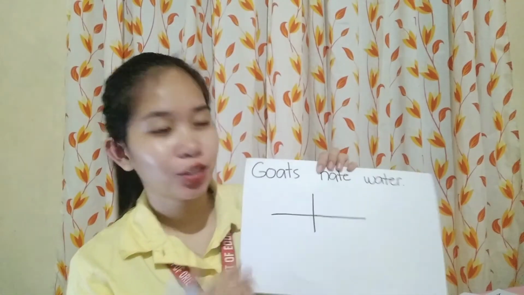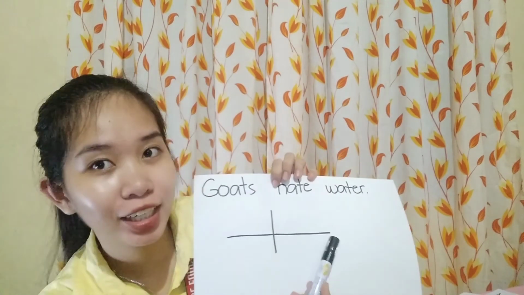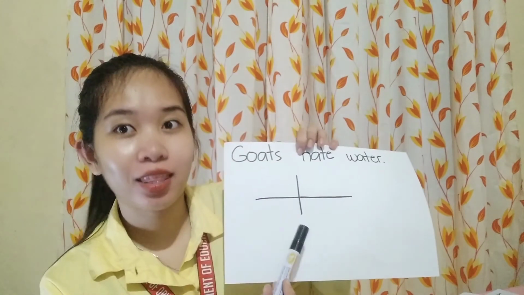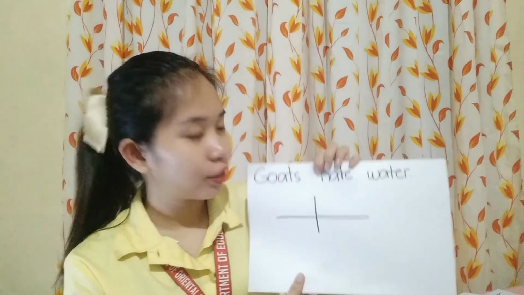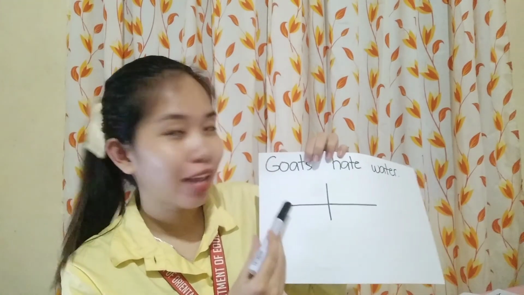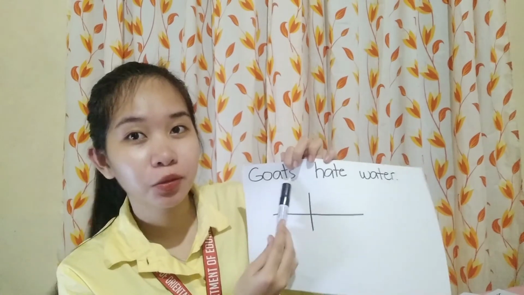So first, we are going to write a horizontal line here and a vertical line that intersects the horizontal line. The subject will be written on the left side of the diagram. The subject here is goats.